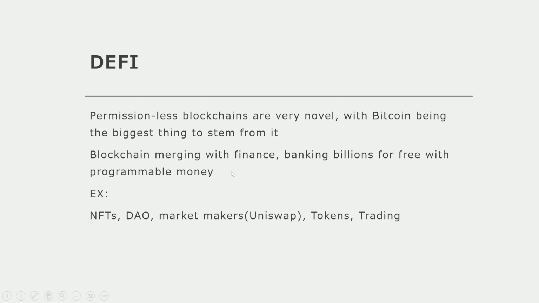When you think about DeFi, DeFi is more correlated to Ethereum, where you have things like automated market makers. You have obviously trading with the myriad of swaps, Uniswap being the most prominent. You have the creation of tokens.